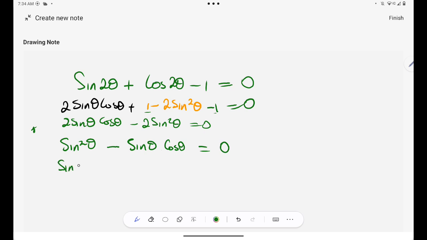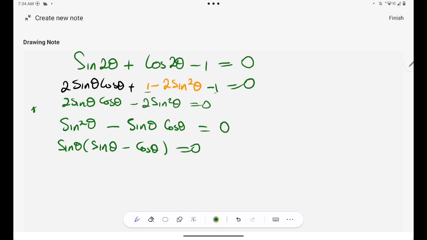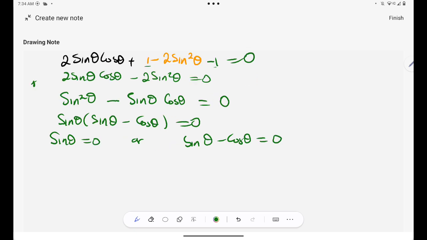I have sine theta, and I have sine theta minus cos theta now is equal to 0, right? So I have sine theta is equal to 0, or sine theta minus cos theta is equal to 0. Are we together?